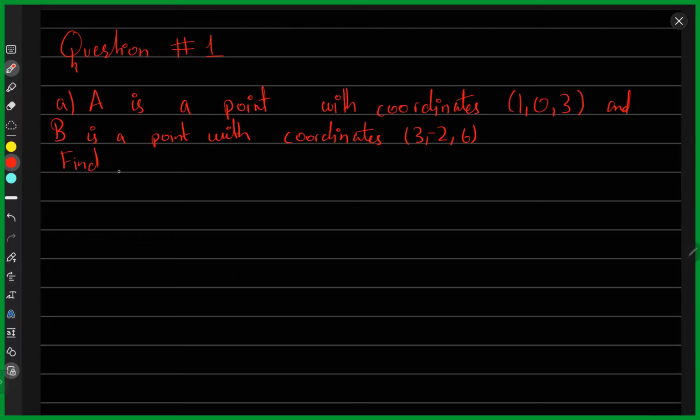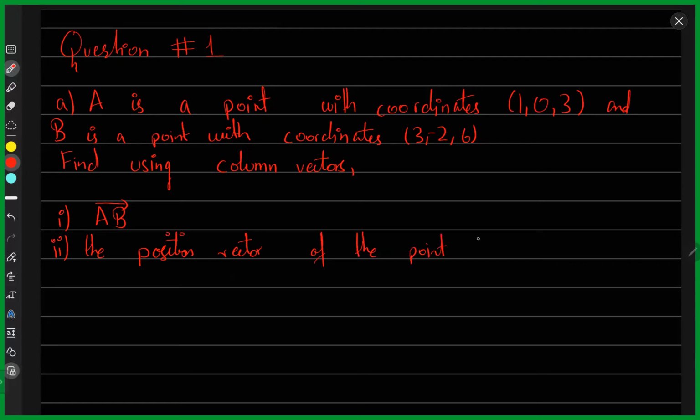It says find, using column vectors, AB and the position vector of the point C, which is the midpoint of AB.